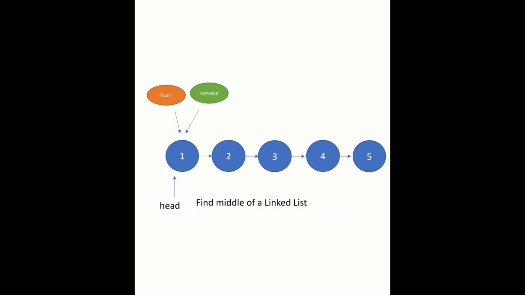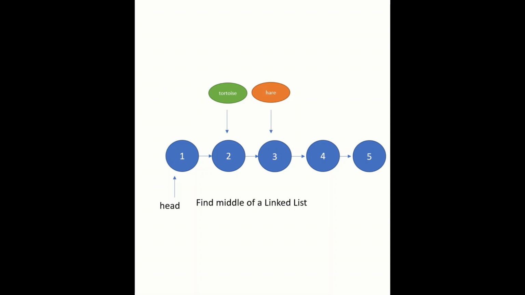The slow pointer takes 1 step at a time, and the fast pointer takes 2 steps at a time, traversing through the linked list until the fast pointer hits the end of the linked list. We see that in action. During the first iteration, tortoise lands at the second node, which is 2, and hare at the third one, which is 3.